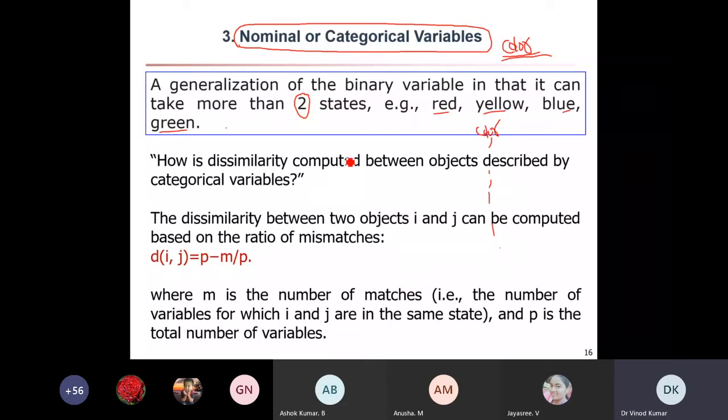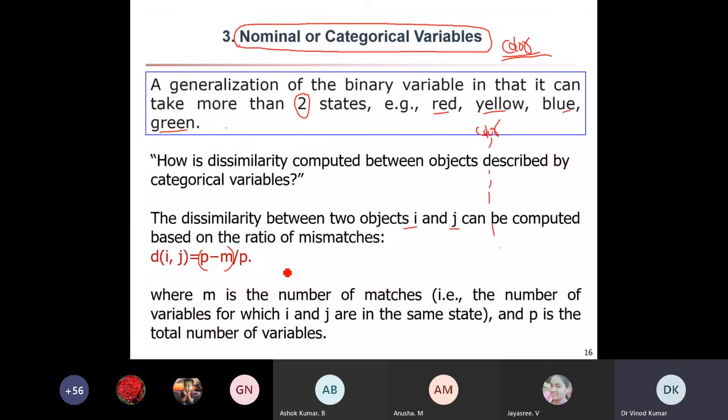If the variable has categorical or nominal values, we find the dissimilarity between two objects i and j as p minus m divided by p.